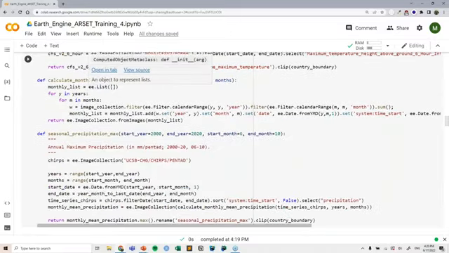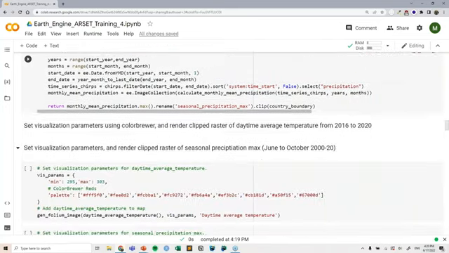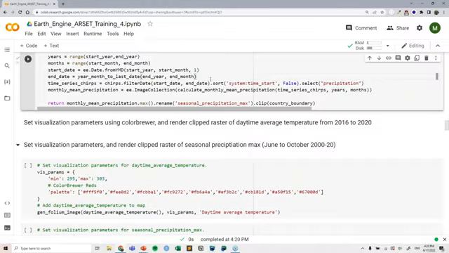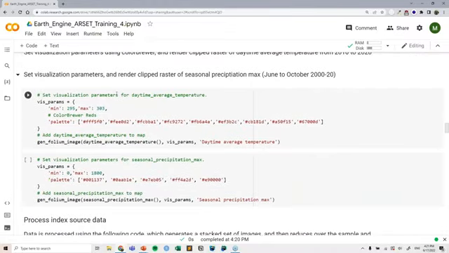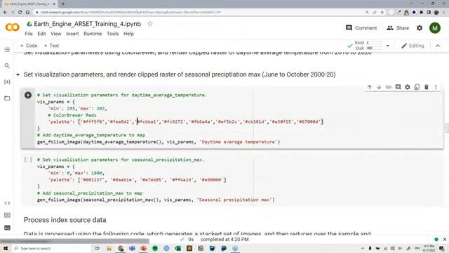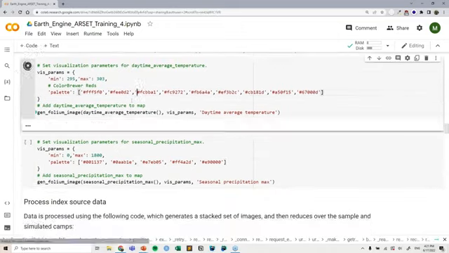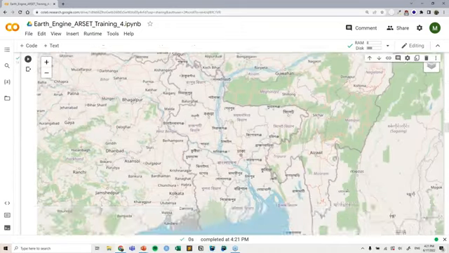And the second one, we're pulling out the seasonal precipitation max in a monthly term using CHIRPS data. We run these two here. We can then set the visualization parameters and render clipped rasters of these two. So the first one we'll run here is for daytime average temperature.